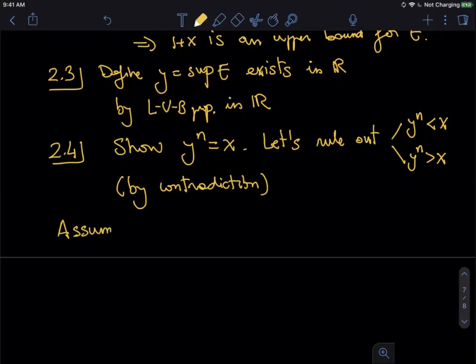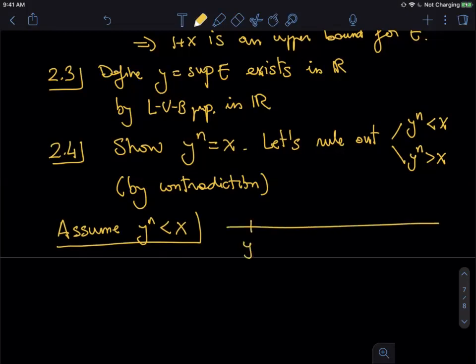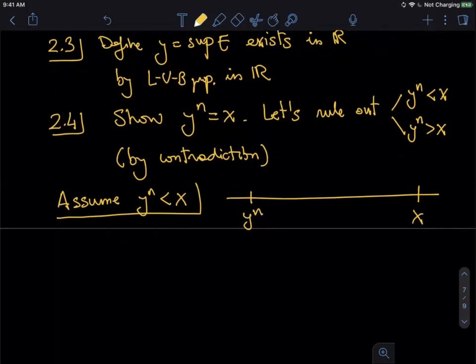So without further ado, assume y to the n is less than x. Okay, let's box this. And here, we have our y to the n, we have our x, and somehow the idea for the contradiction, we want to see that this cannot be.